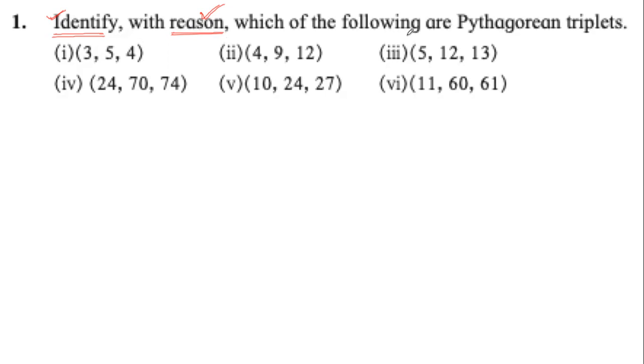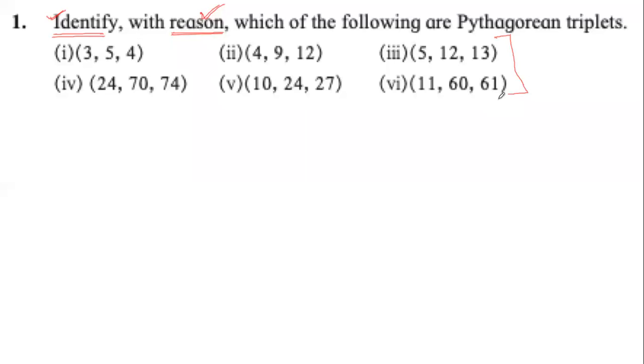Some people answer it as one question with 6 parts, and some answer it as 6 different questions. For example, we can answer that out of all these 6 triplets, which ones are the Pythagorean triplets?